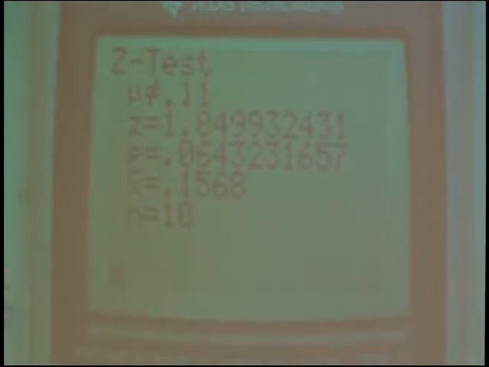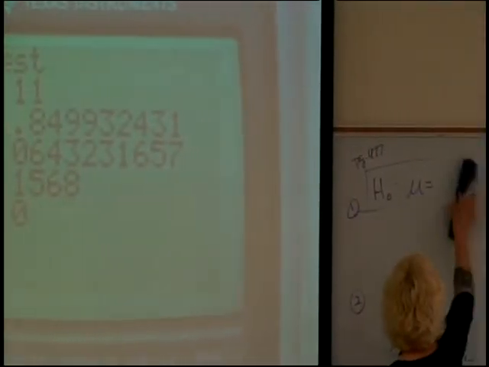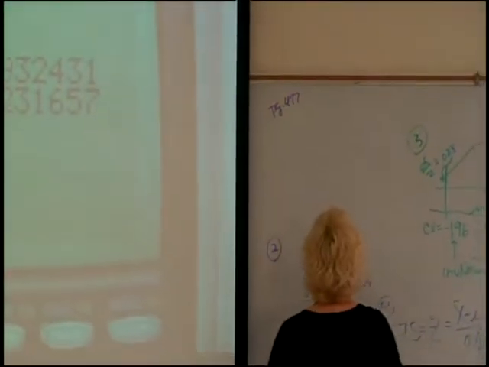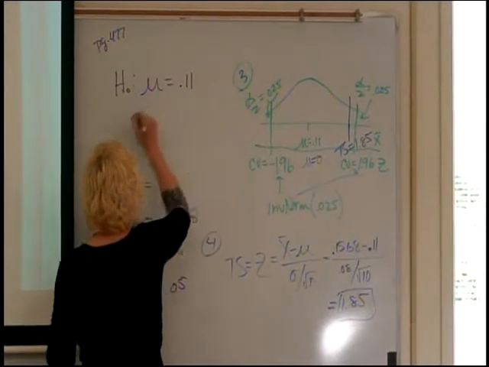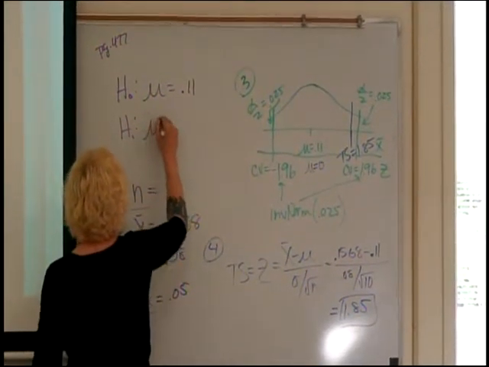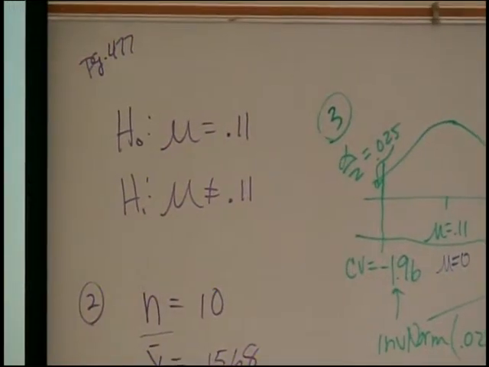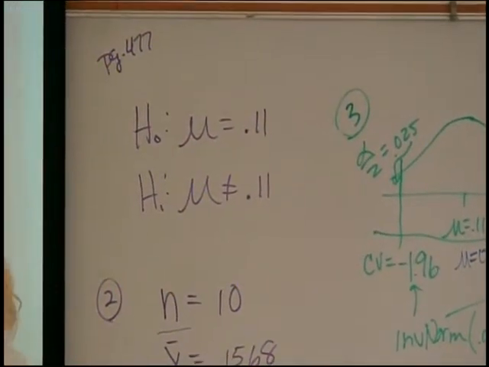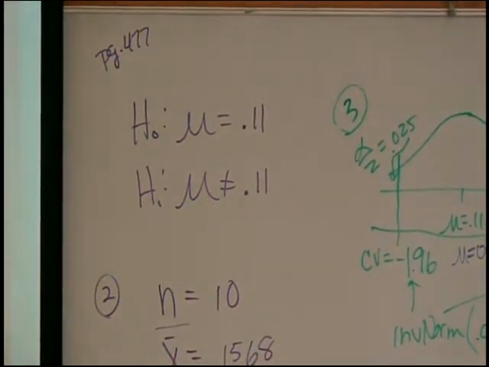Okay, but first, let's go back to our hypotheses. It was mu equals 0.11 versus the alternative mu is not equal to 0.11. Correct? Okay, so do me a favor. Calculate, remember, same assumptions here. You've got a known population standard deviation.